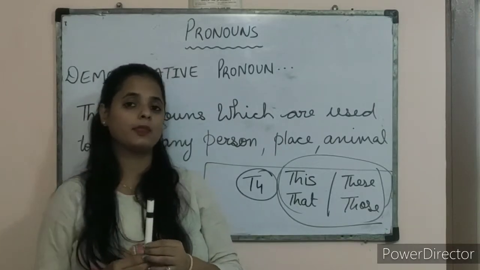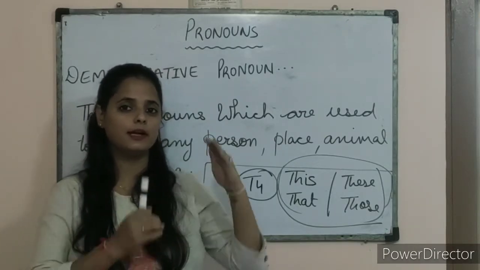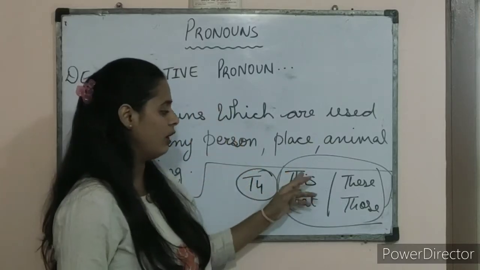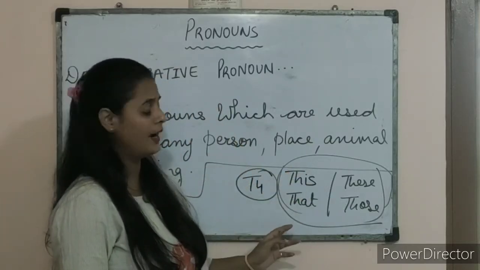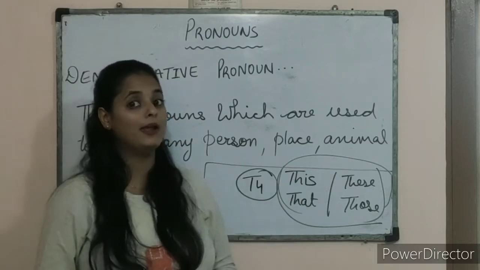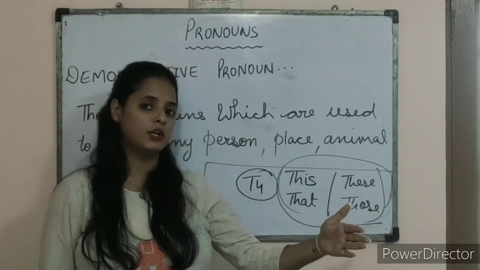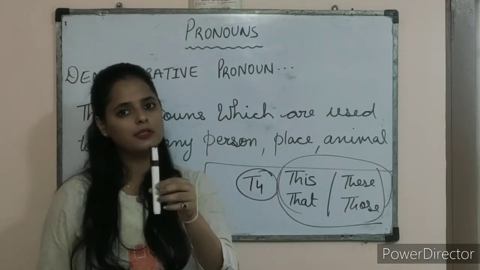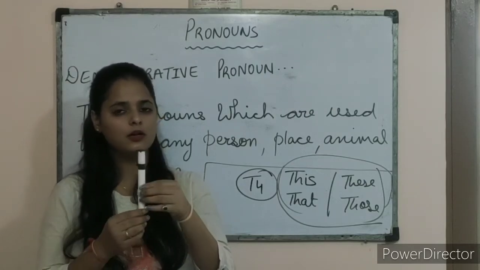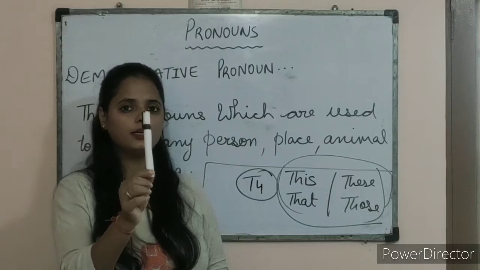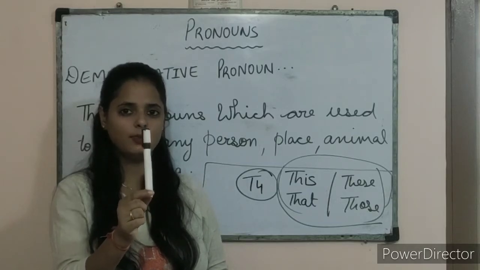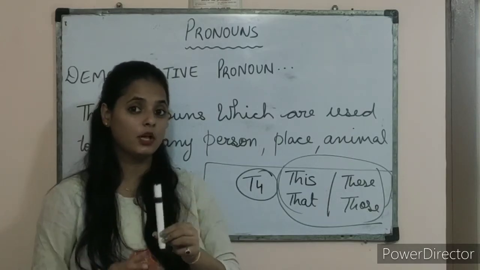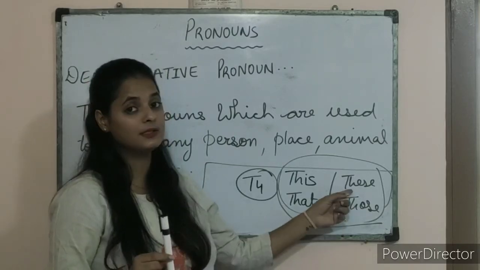Now one more thing. I had told you previously that this and that, these two fall in the category of singular, right? Now why are they falling into the singular column? Because this is a marker. It is one marker, right? So you will use the word this. You cannot use the word these.